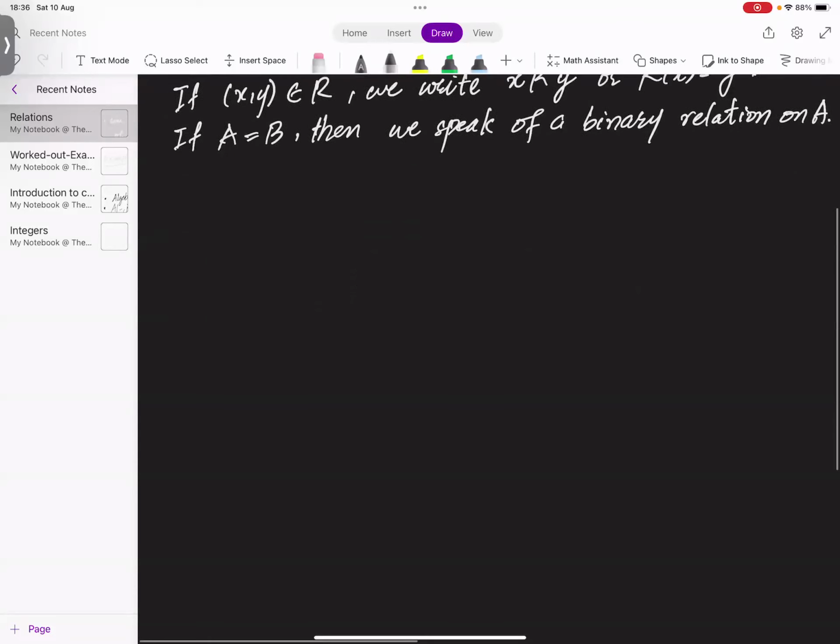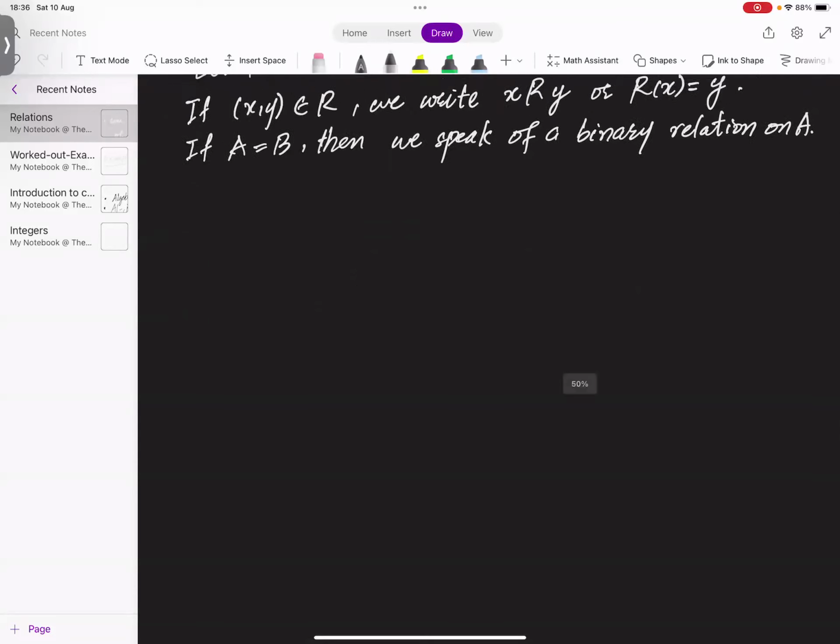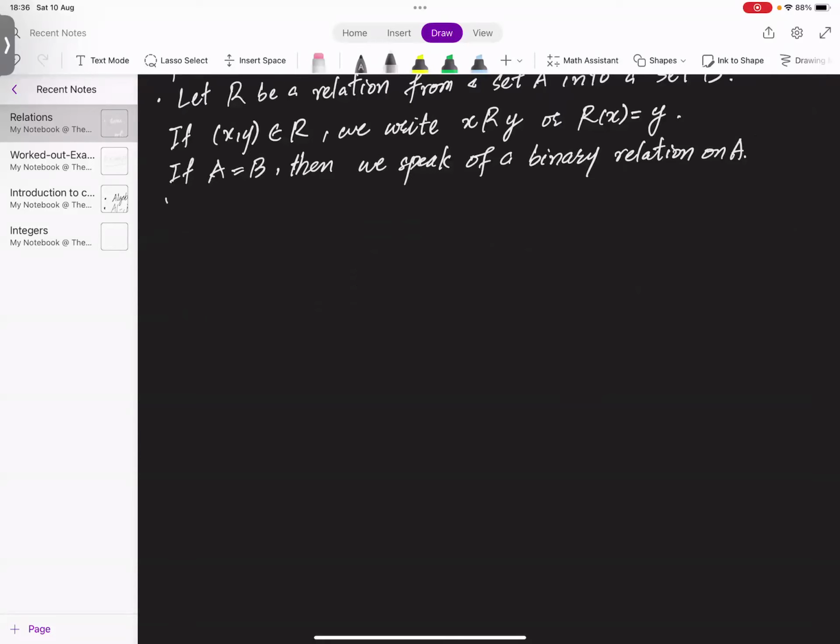Let's talk about an applicative example. Let A denote the names of states in USA.